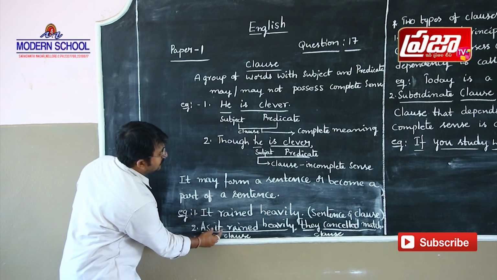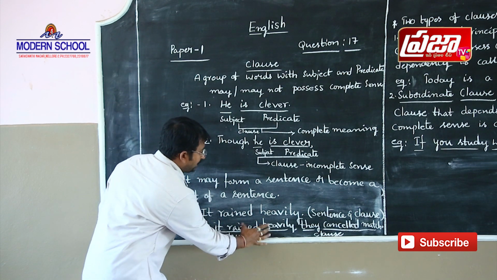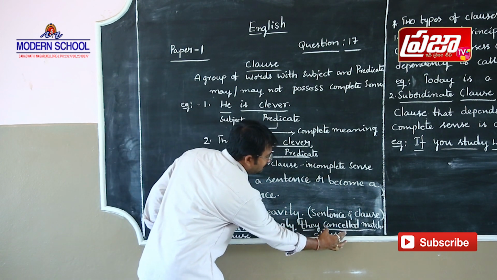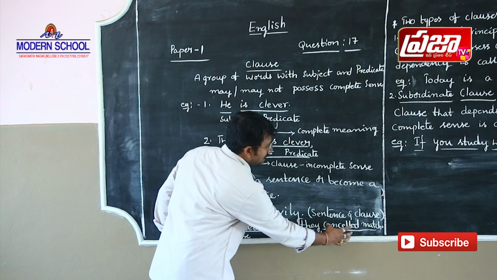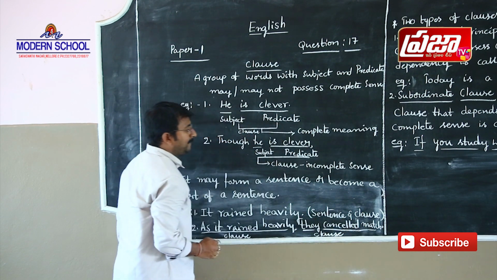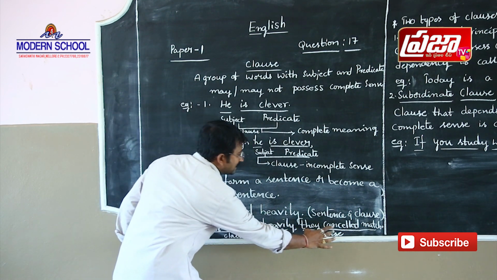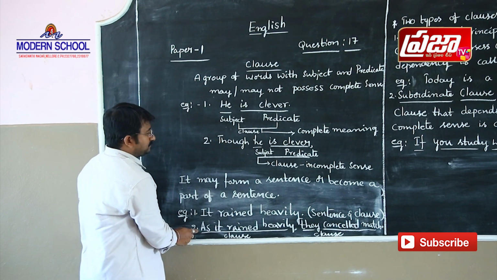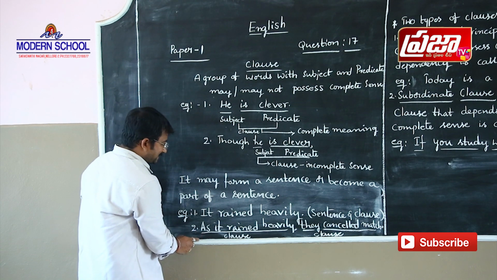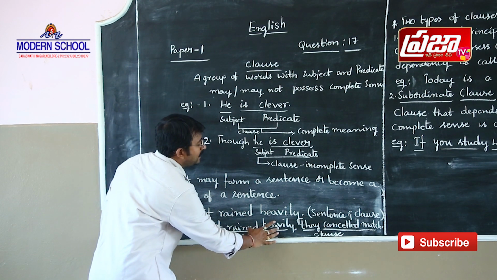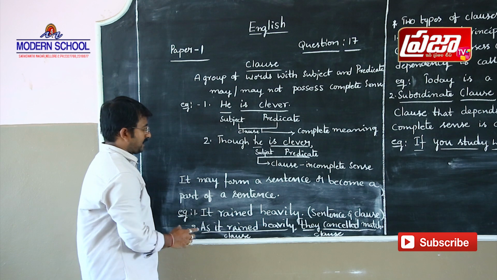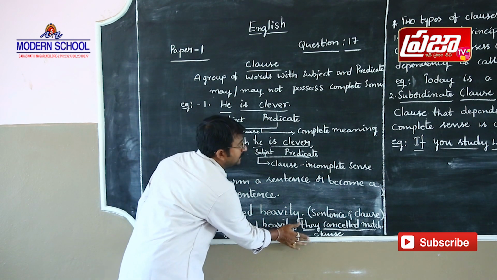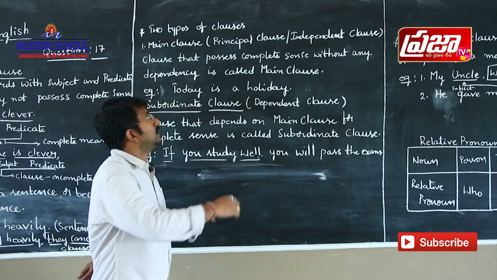In the first part there is a subject and predicate, so we call this a clause. In the second part, "they" is the subject and "cancelled the match" is the predicate, so we call this a clause too. So from the second example, we understand that a clause is a part of a sentence. A clause may form a sentence or become a part of a sentence.